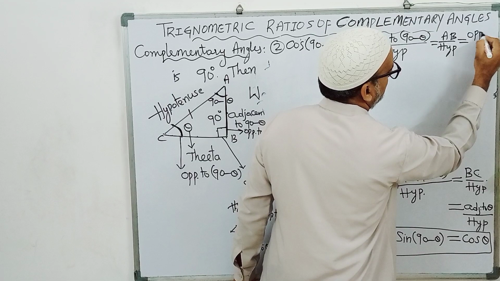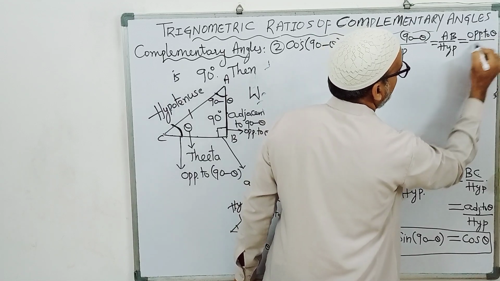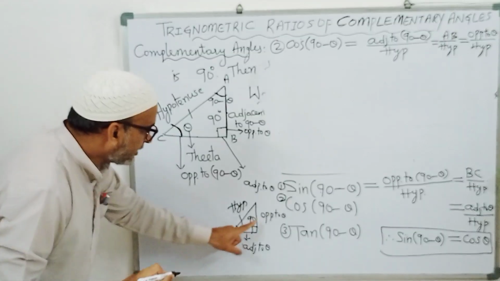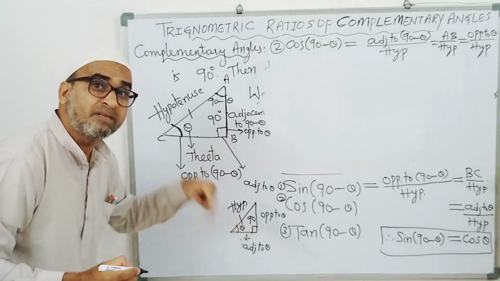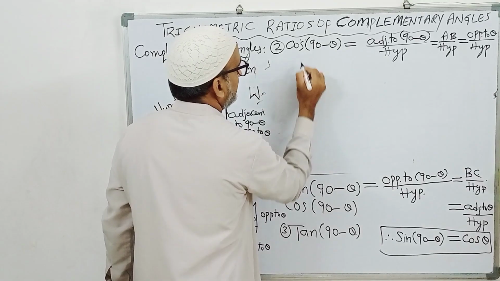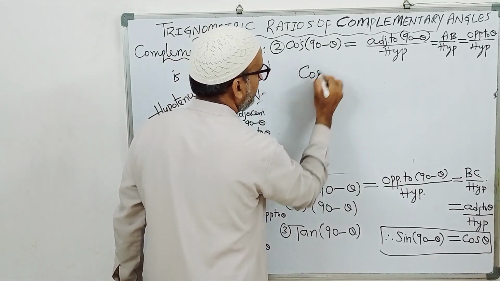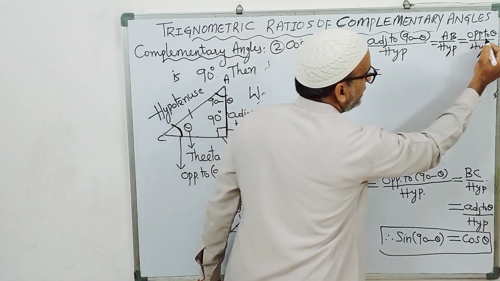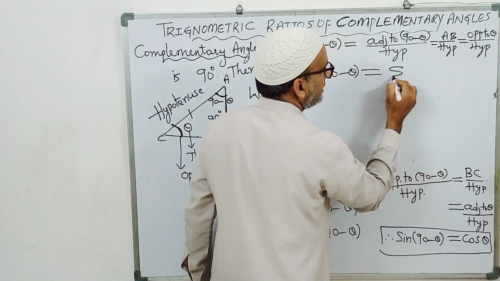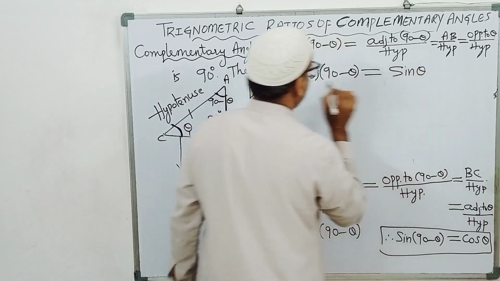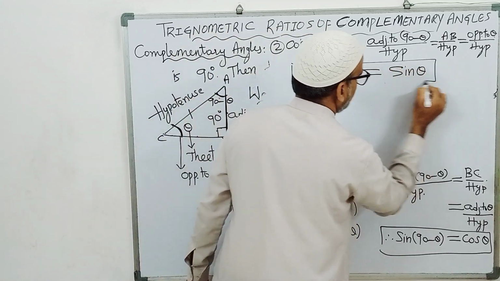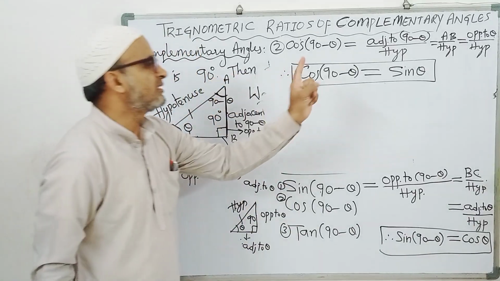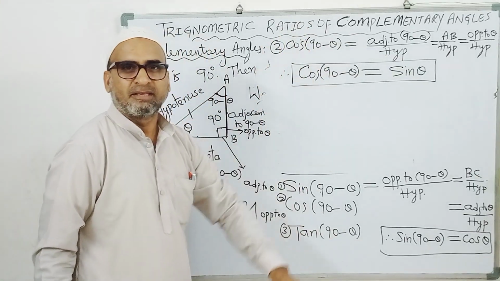So it is opposite to theta by hypotenuse, which is nothing but sin theta. Therefore, cos of 90 minus theta is equal to sin theta. This is the second one.